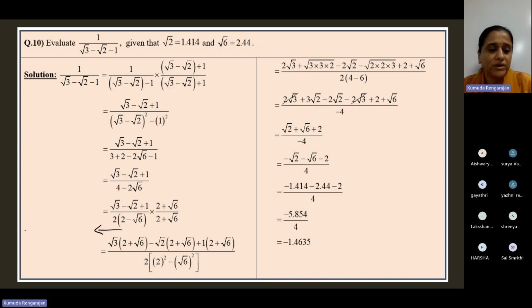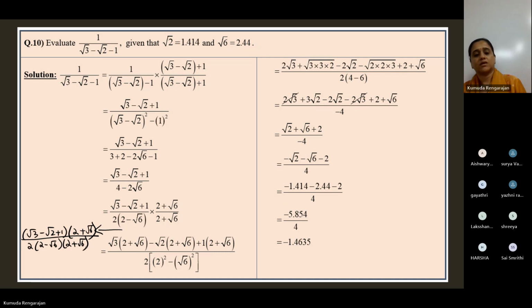So the numerator will be root 3 minus root 2 plus 1 into 2 plus root 6, divided by 2 into 2 minus root 6 into 2 plus root 6. Multiply the numerators, multiply the denominators.